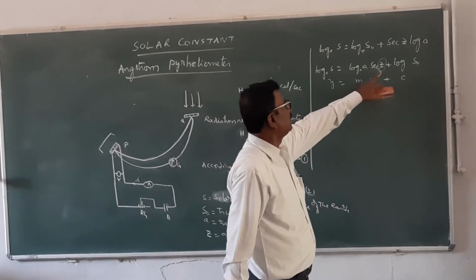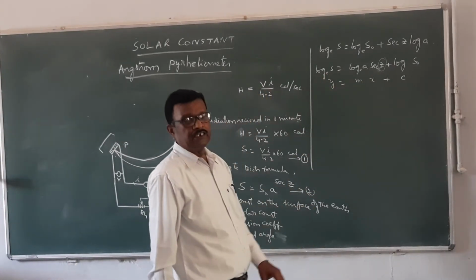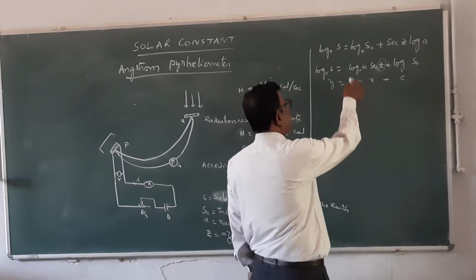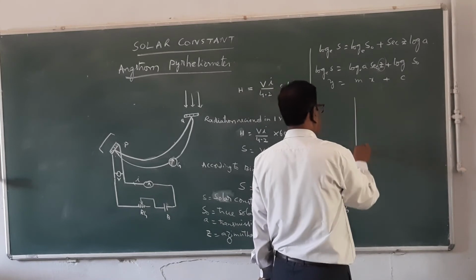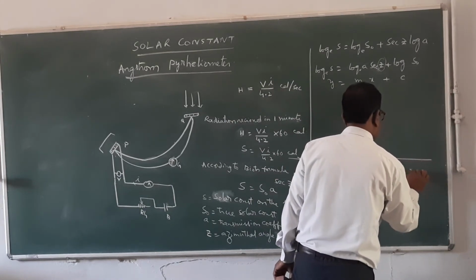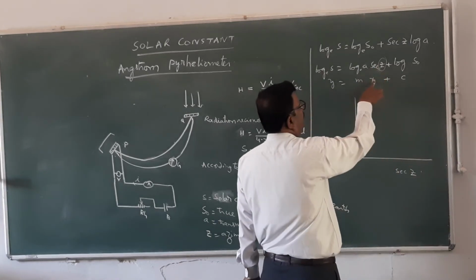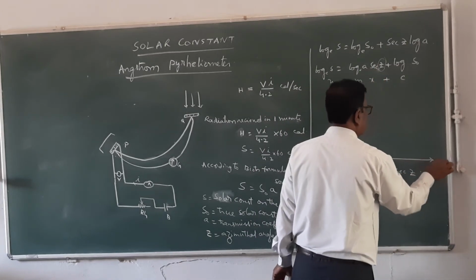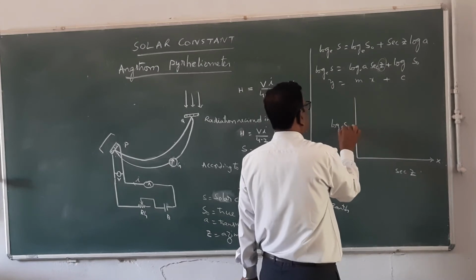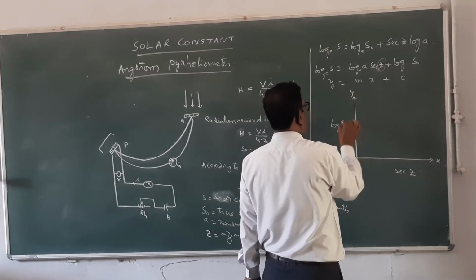For different angles, the solar constant is measured, and a graph is plotted by taking secant Z on the x-axis and log S on the y-axis.